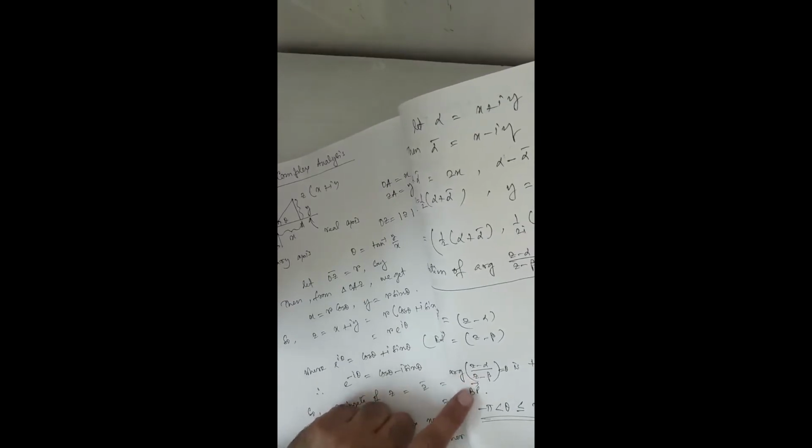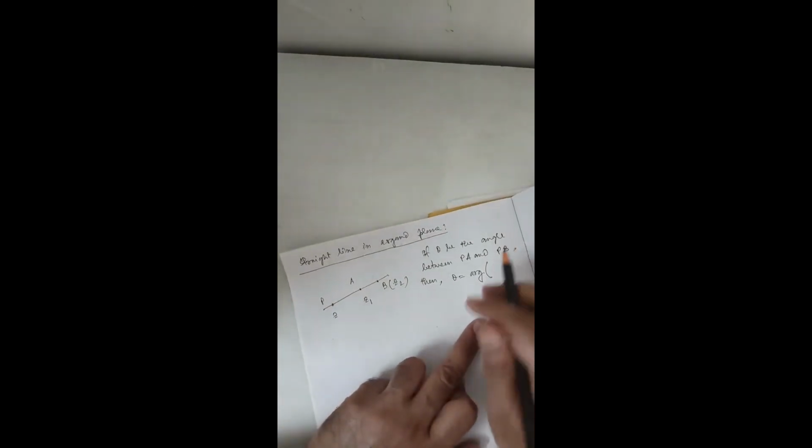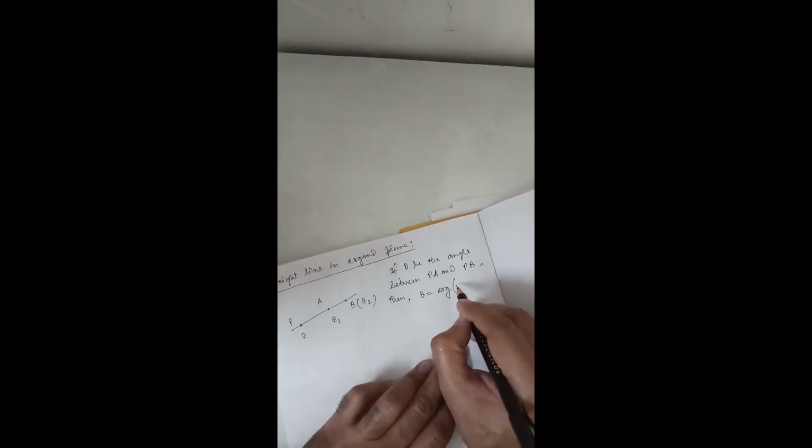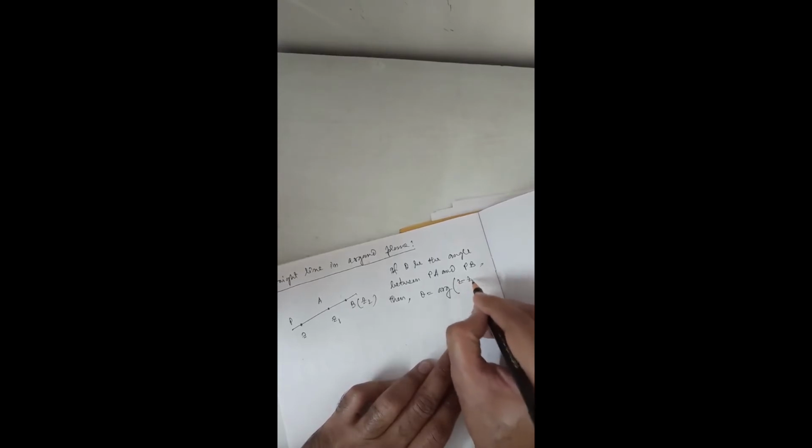Here you can see this argument was the angle between PA and PB. So this will be argument of z minus z1 by z minus z2.